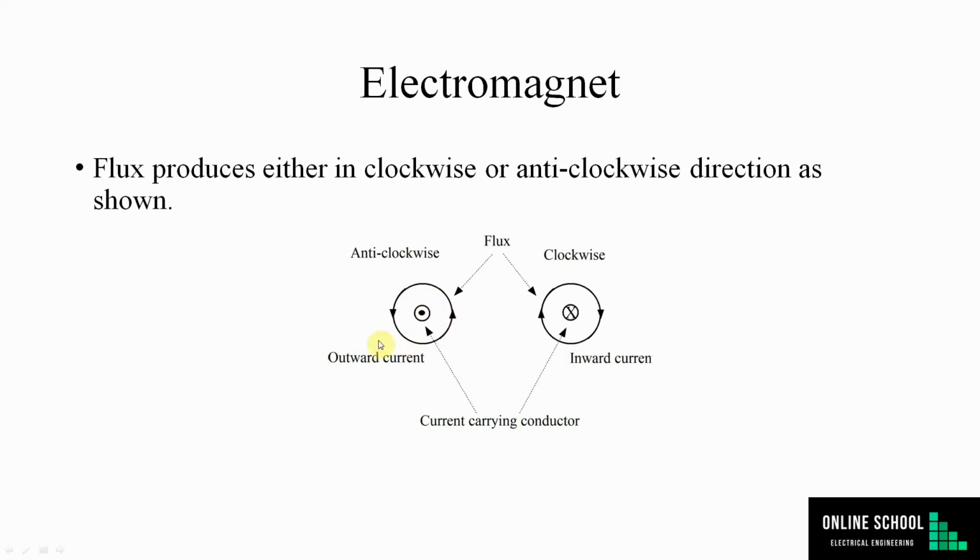So when we remove the screw, it comes out, the same as current coming out, and the direction of rotation of the screw resembles the direction of flux. This is how a current carrying conductor produces magnetic flux.